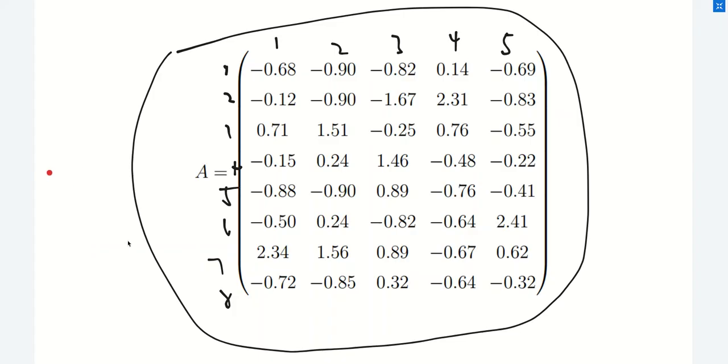You can use the eigen decomposition. You can also use the SVD. You can use any of them in your PCA, the eigen and also the singular value decomposition.